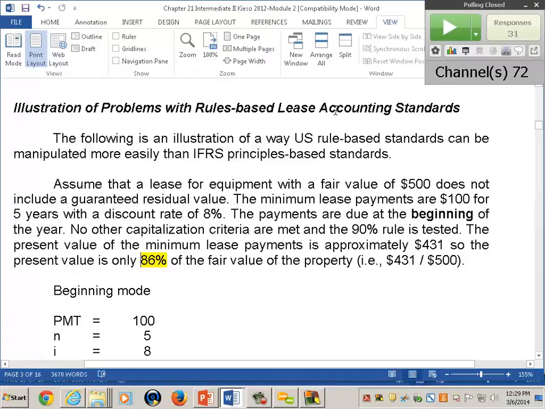What would that be under IFRS? Is that substantially all of the fair value? Probably. This would have been a capital lease under IFRS. So the conflict of interest in this case can't be resolved with the standards because it's principles. The rules make it easy with the bright lines.